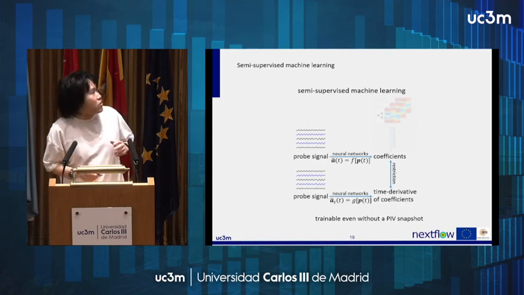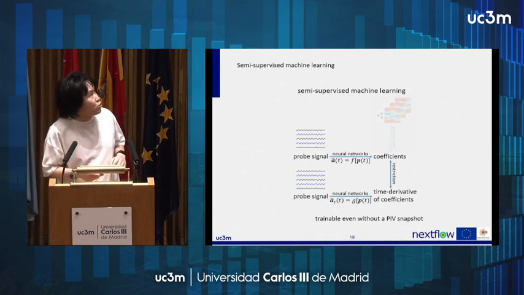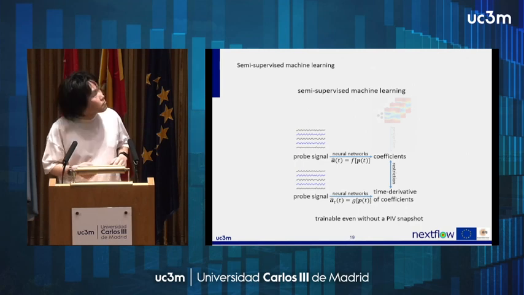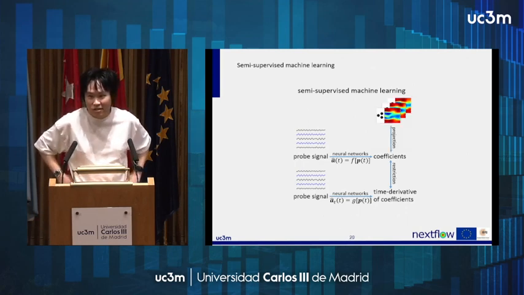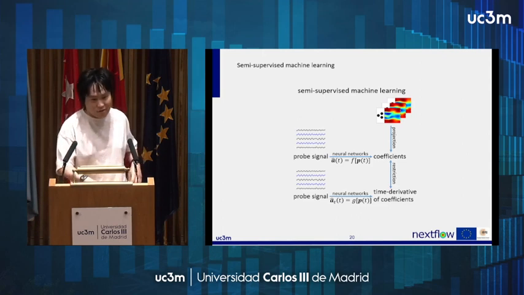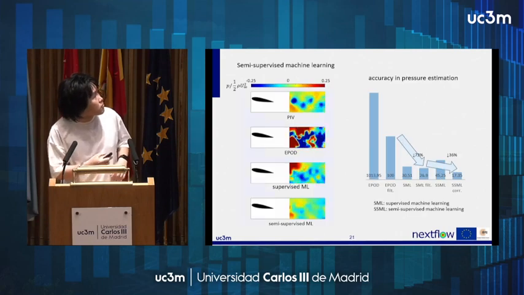This part can be trained even more without PIV snapshots, and this is called unsupervised machine learning. So semi-supervised machine learning is the combination of the supervised and unsupervised ones.